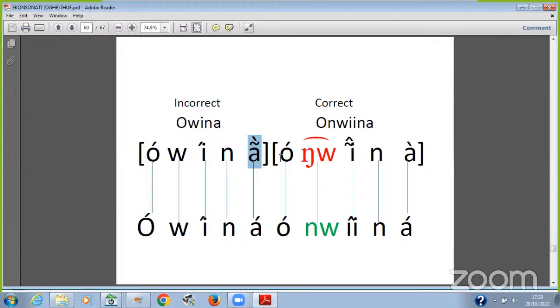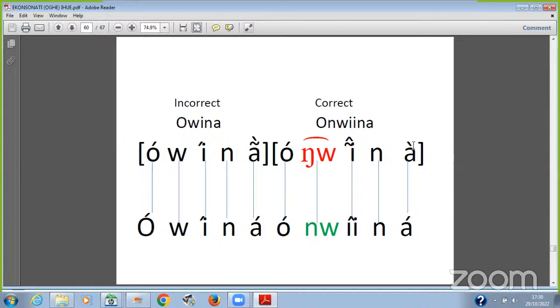But if you look at the correct way of writing it, you have the O written with the letter O, and then you have the W written with the digraph NW. And then you have the E, because it's a falling tone, we use the two letters there, O-wina, then the Ni that spreads nasality onto the A. And so you have, this one is supposed to be nasalized there.